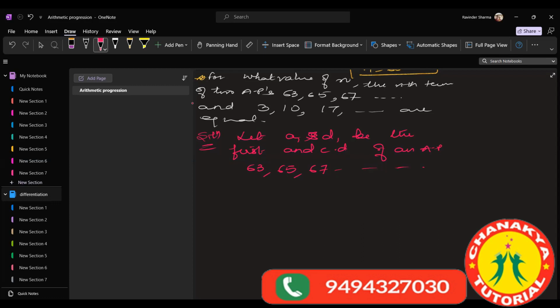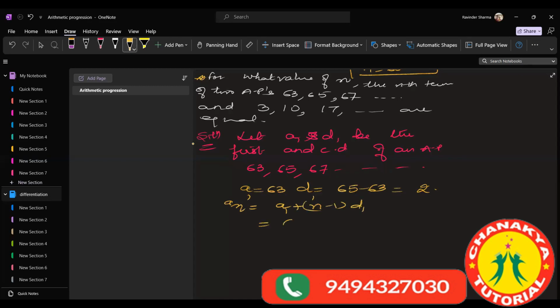So now the value of A1 here is 63 and the common difference will be 65 minus 63, so it will be 2. Right, beta? Now find the nth term. So what will be your nth term? A1 plus n minus 1 into D1.